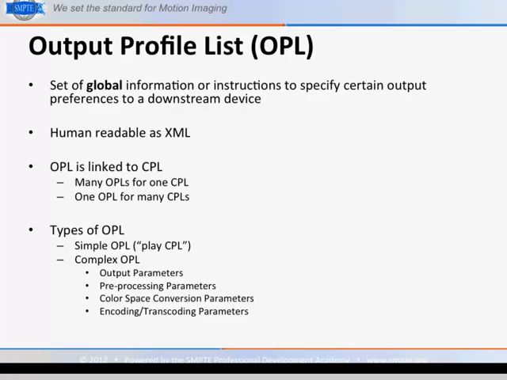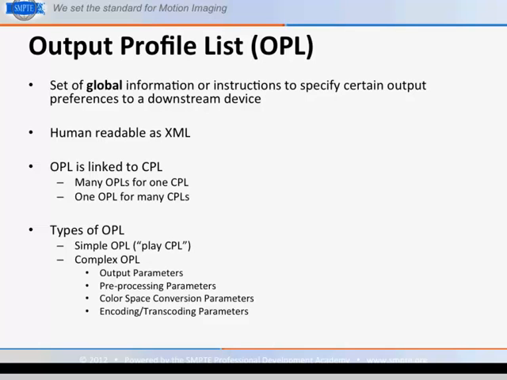Another more complex version that I like to explain to people is that Pixar animation is very particular about how you would get from, say, a 444 RGB 10-bit down to an 8-bit 422 file, and they have a specific order of what type of filters and when you actually do the color space conversions, when you do the chroma subsampling and that sort of thing. So they could actually list out their preference in this OPL.